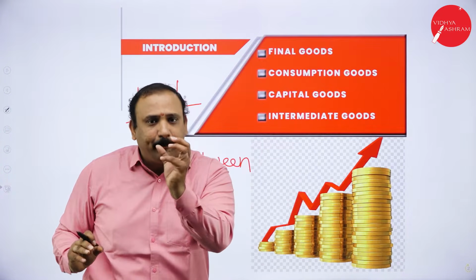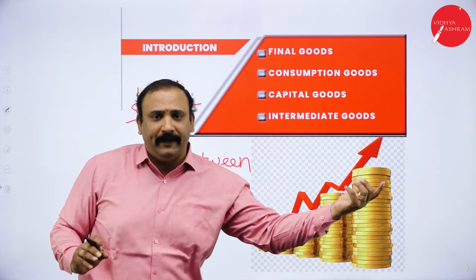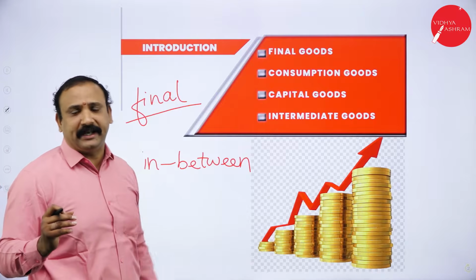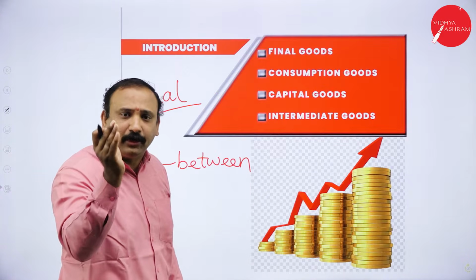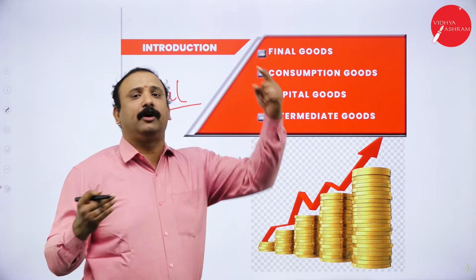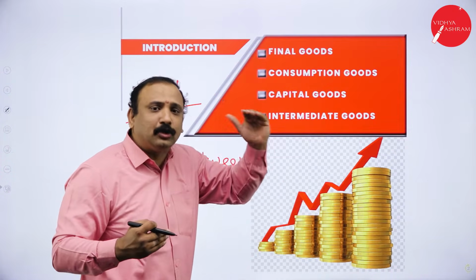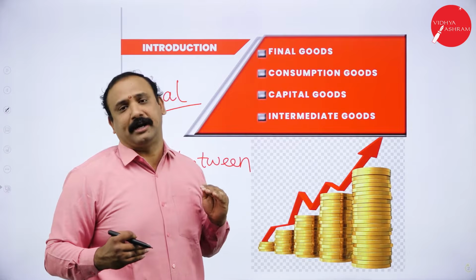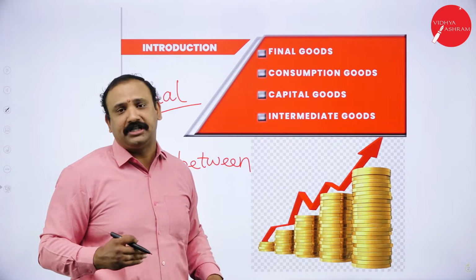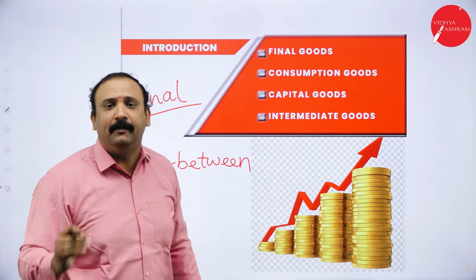So the stage between the raw material and the final good is known as the intermediate goods. The intermediate goods will act as an input for the final good. They pass through various stages of production. So intermediate goods is also a very important concept when it comes to national income accounting.